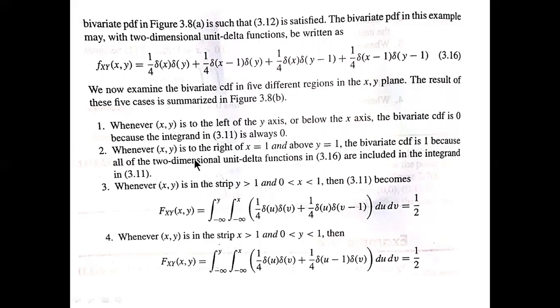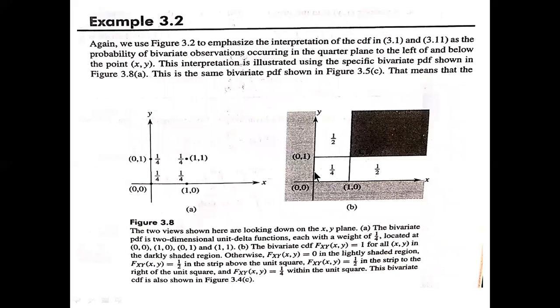So therefore, we can again examine all the 5 different regions in the xy plane. The first one is whenever (x, y) is to the left of and below the points, the bivariate CDF is 0 because the integrand is always 0. So if the point is somewhere here, the bivariate CDF will be equal to 0.